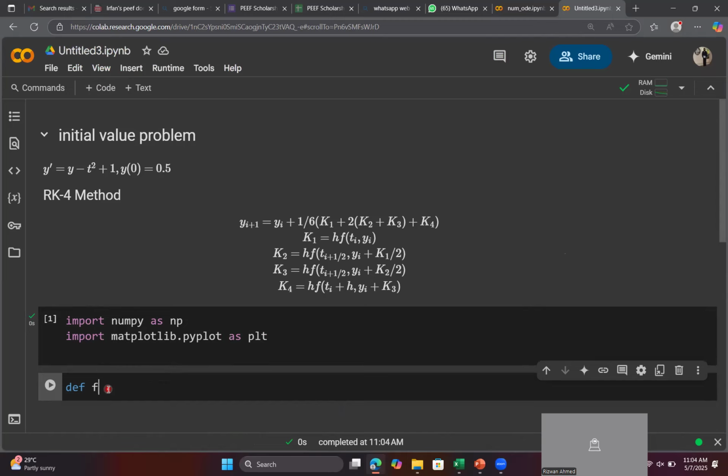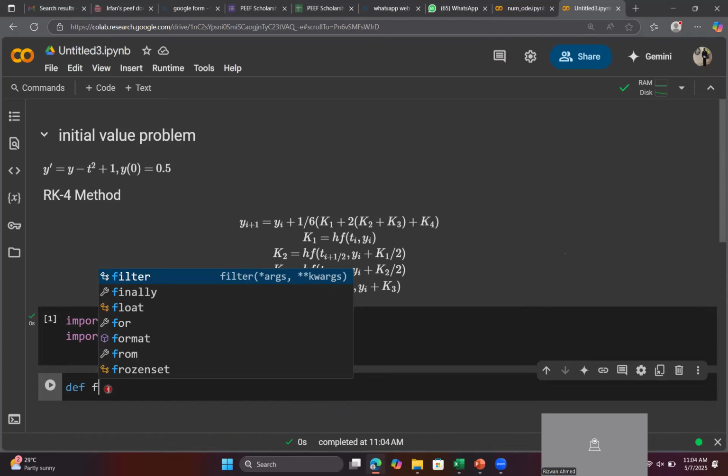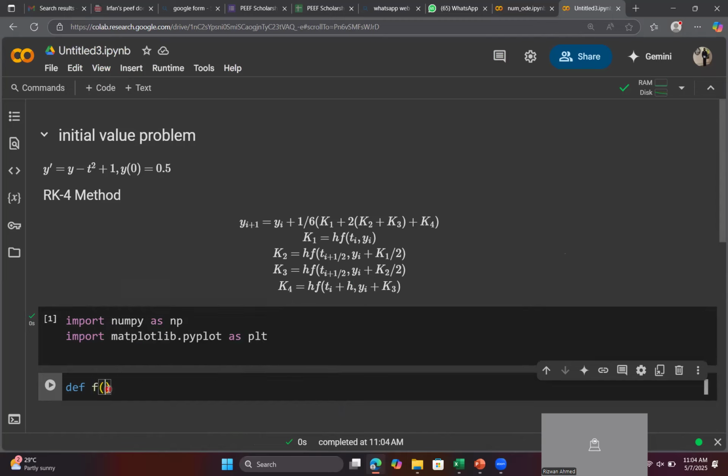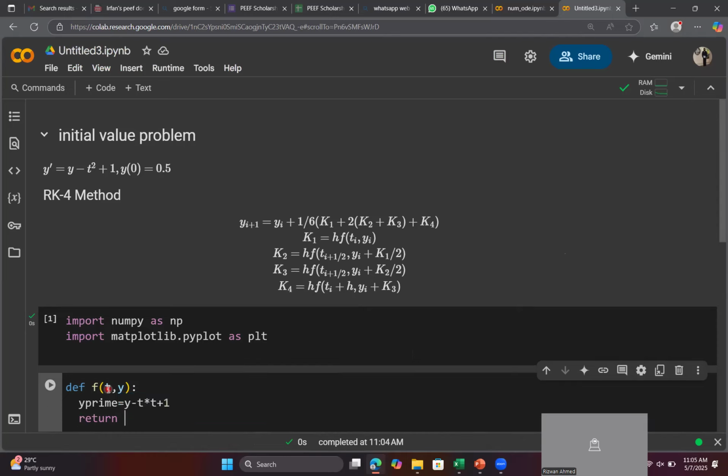As in the notation, we call it f of t and y, so I keep the notation the same. Over here, I have to provide a value for y prime. y prime is equal to y minus t squared plus 1. And then the final thing, return y prime.